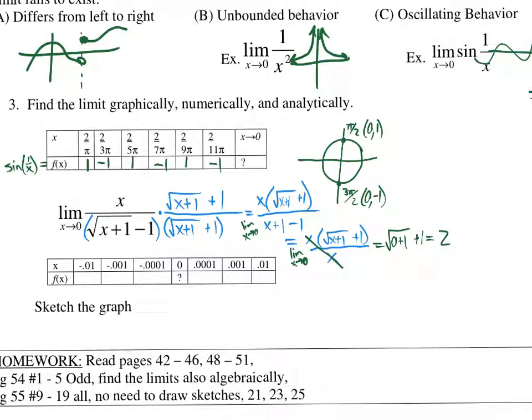Okay? Alright, I think you guys are pretty good with the table, but the rationalizing is a little bit more challenging. So our limit there would equal 2. Does that make sense? Are we okay? That's a real good first lesson, right?